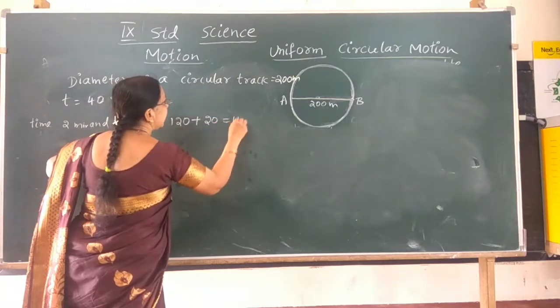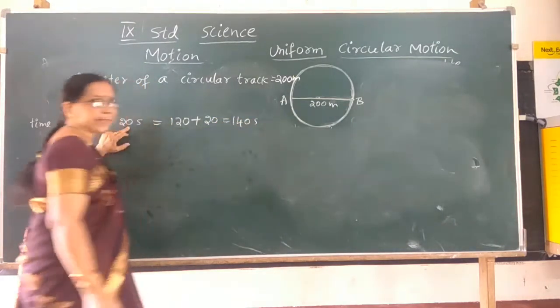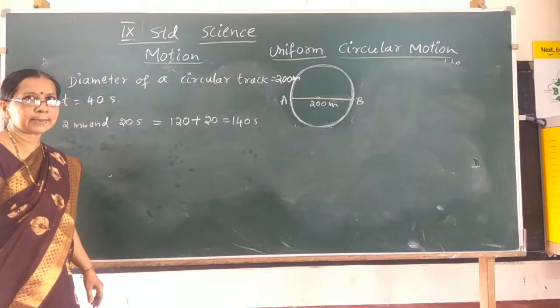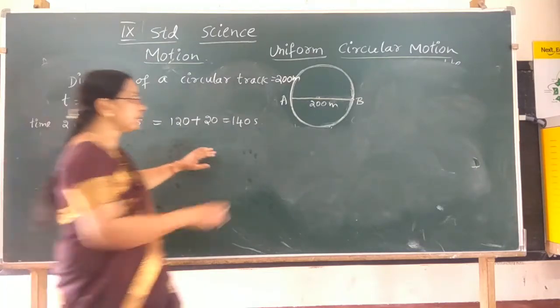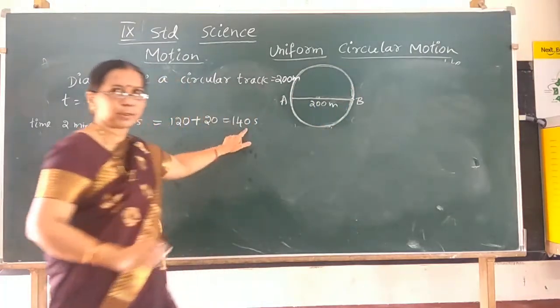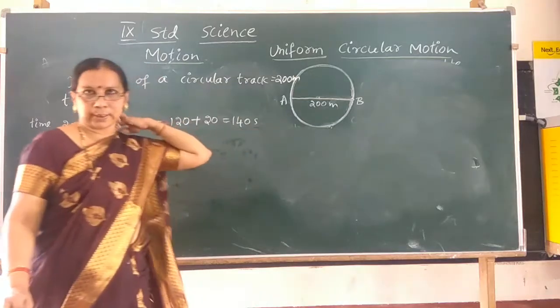So totally 140 seconds. To complete one round, it takes 40 seconds. You have to find the distance covered by the athlete in 140 seconds.